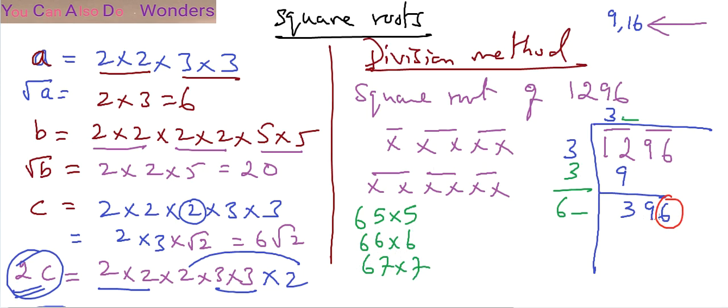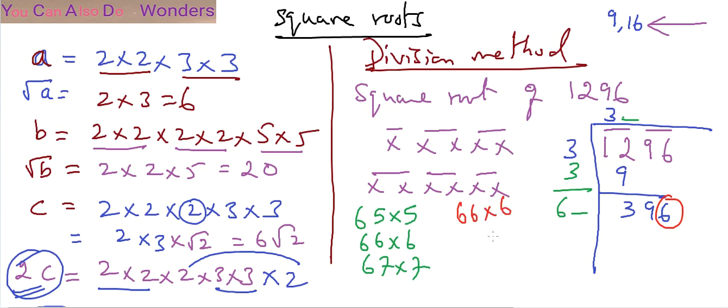So what is left is 39. You see how many sixes are there in 39? It is 6 times. So try with 6, so 66 into 6.